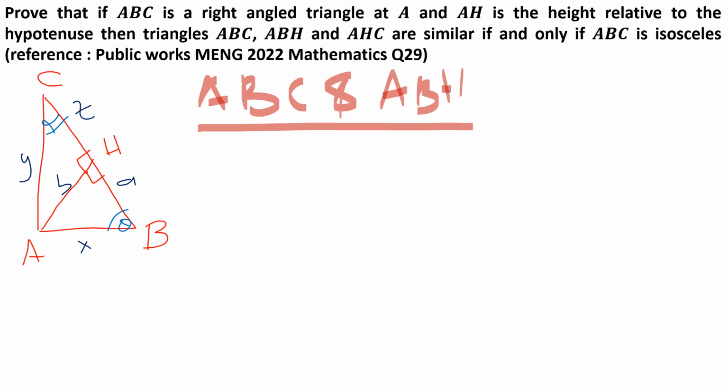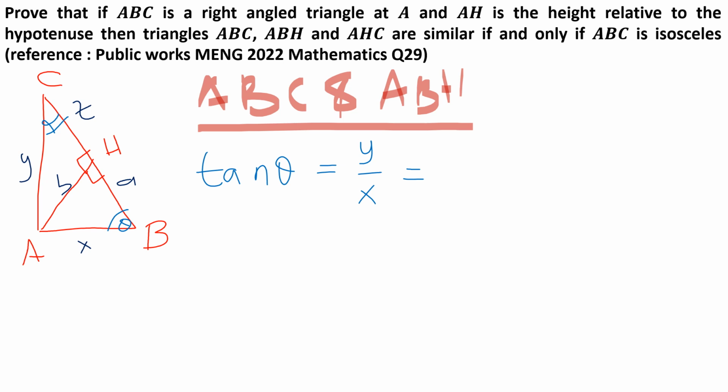So let us begin with tan theta. If I consider ABC, just follow the diagram, opposite on adjacent: opposite is Y, adjacent is X. This tan theta is the same for both triangles, because theta is still the same.